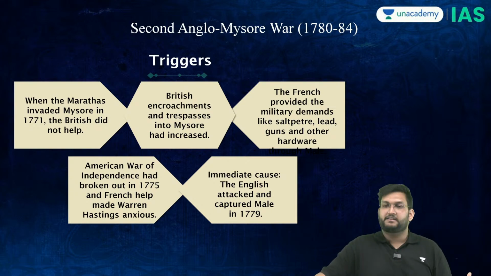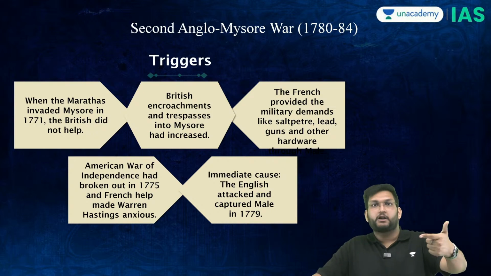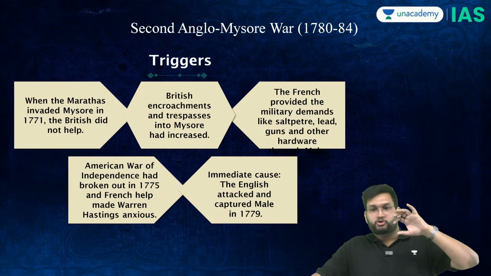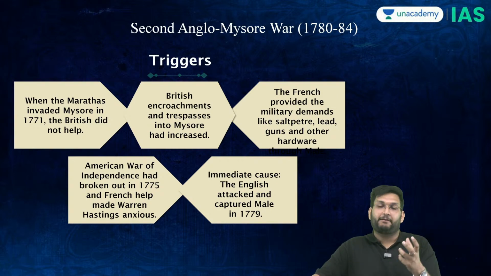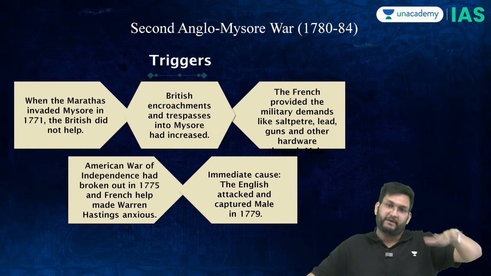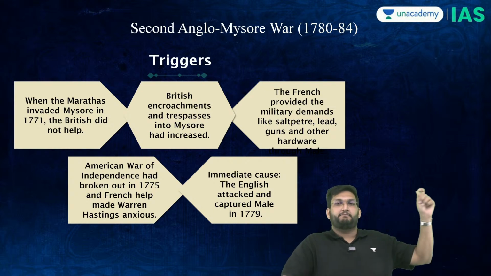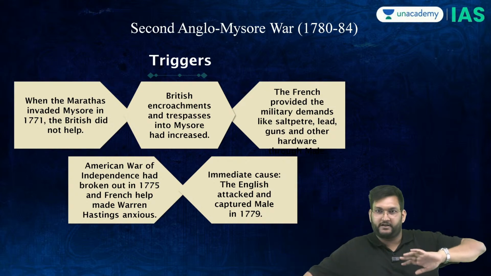And this is where he will ask the French to accelerate their help to the Mysorean sector so that they can, in a way, establish their control properly, and also the relationship between the French and the Mysorean sector becomes better. At the same point of time, the French were helping the Americans fight the American War of Independence.